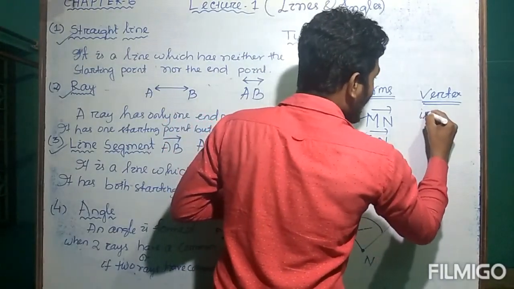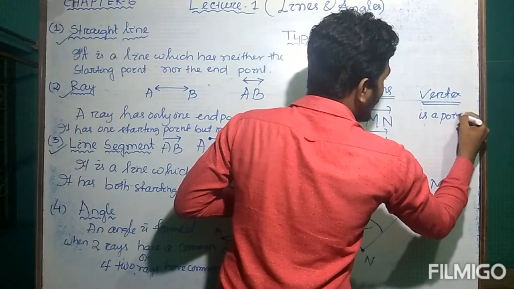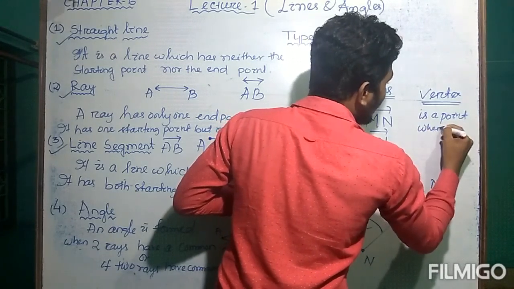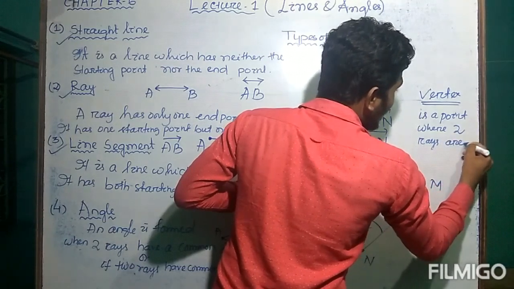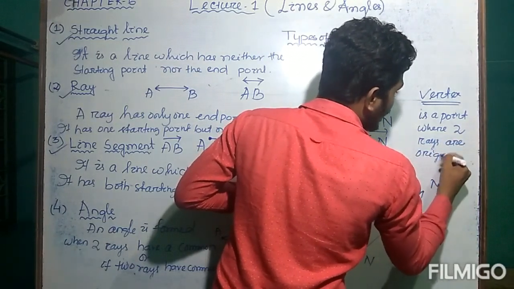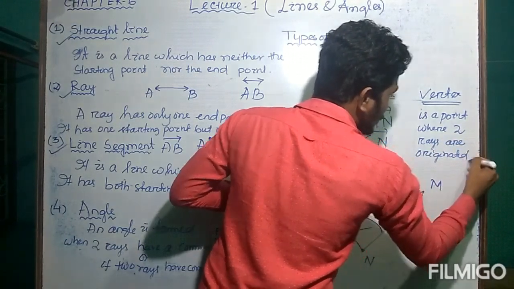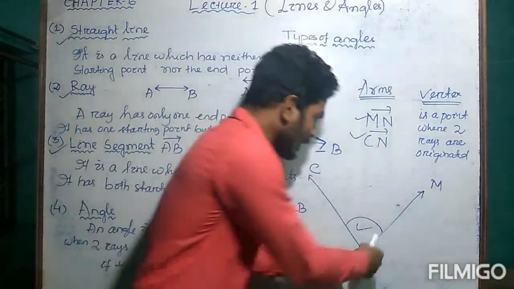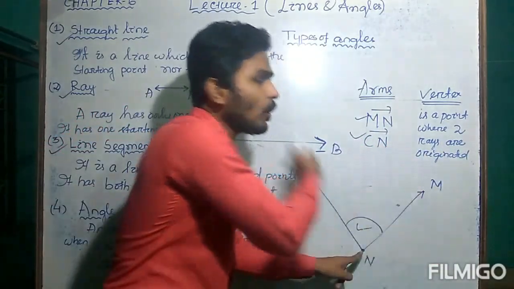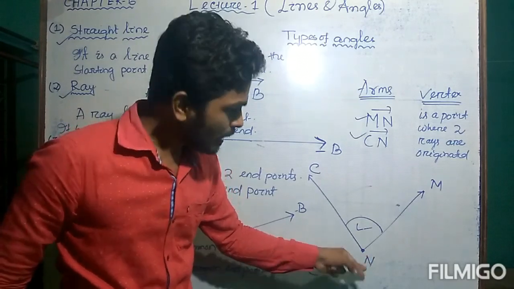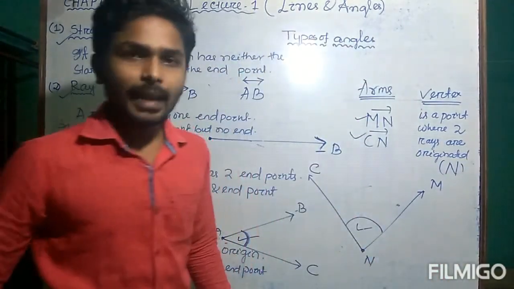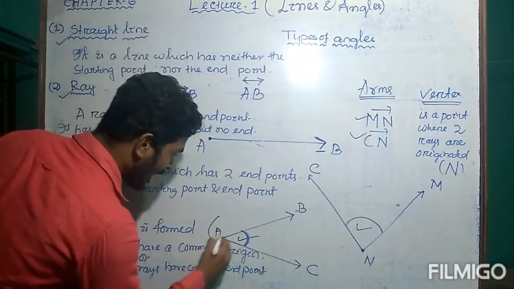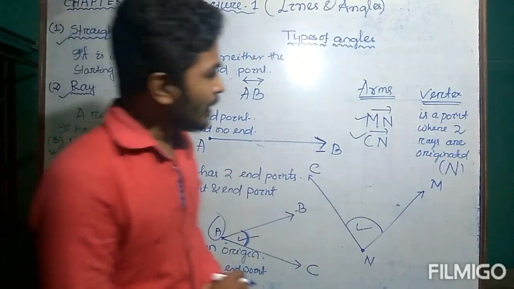A vertex is a point where two rays originate. Understood? The point from which two rays originate is known as vertex. So here the vertex is N. Right? Here the vertex is A.